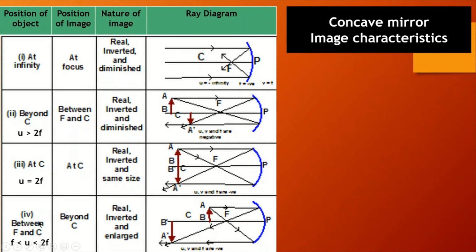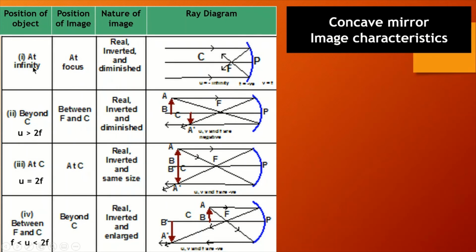And if we bring it even nearer and place it between F and C, that is u is more than f and less than 2f, the image is still real, inverted, but the size has become bigger. It is now enlarged.